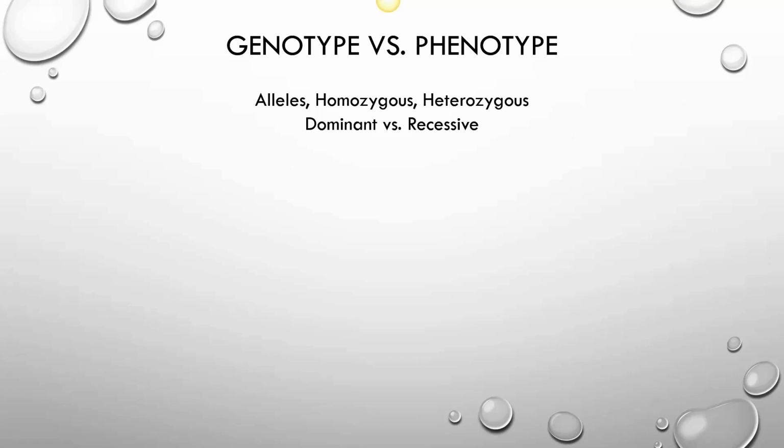Let's say we learned from last week's lecture that a human has 46 chromosomes. 23 came from mom. So chromosome 1, chromosome 2, all the way down to chromosome 23. And 23 chromosomes came from dad. Chromosome 1, chromosome 2, again all the way down to 23.